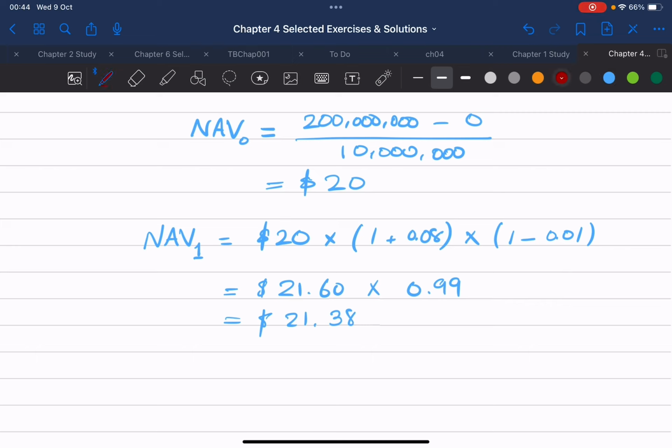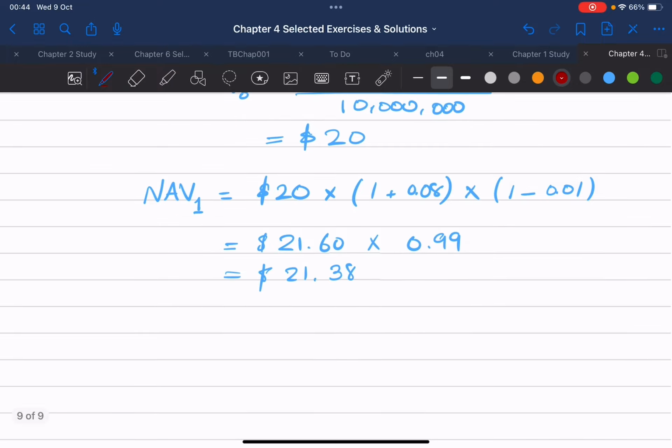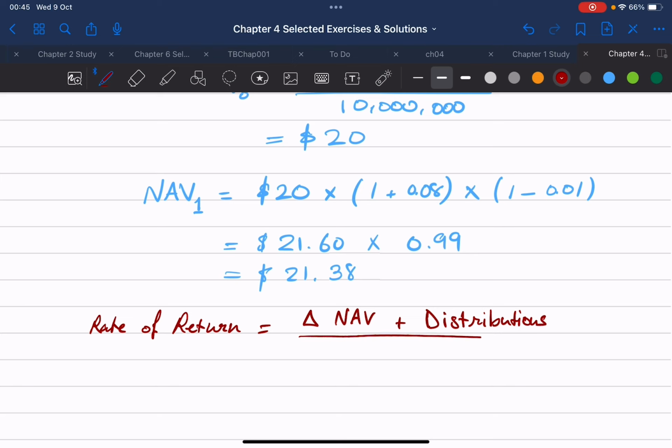Okay, now we can go ahead and calculate the rate of return. Which, if you remember from a previous exercise, we said that it equals delta net asset value, meaning the change of the net asset value of the fund, plus any distributions, if there was any, and we'll divide by the net asset value at time 0, or the start of the year net asset value.